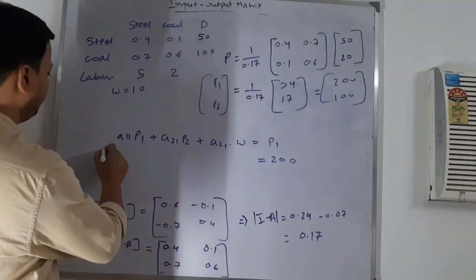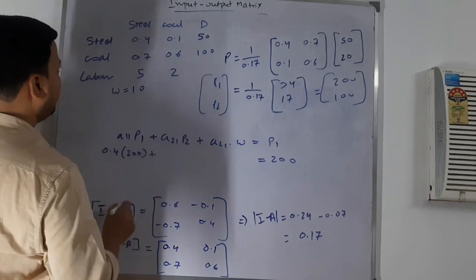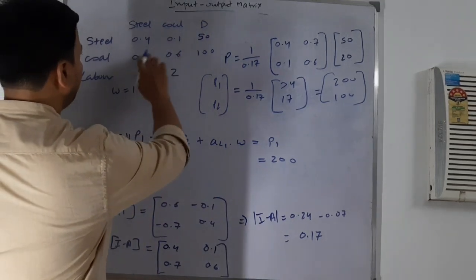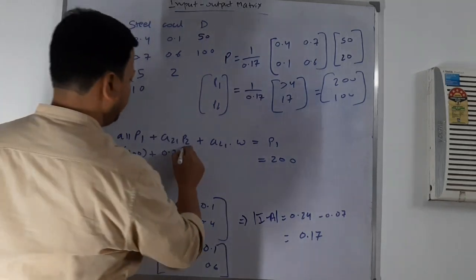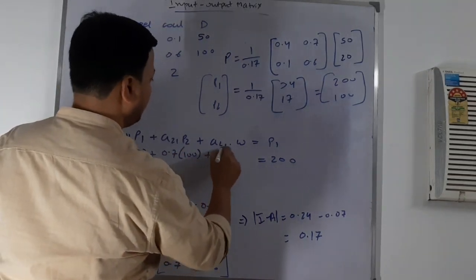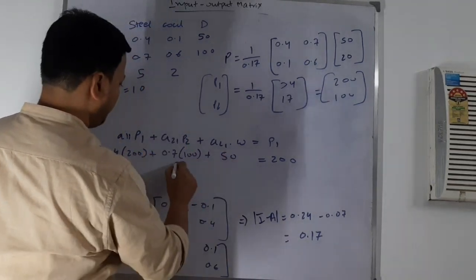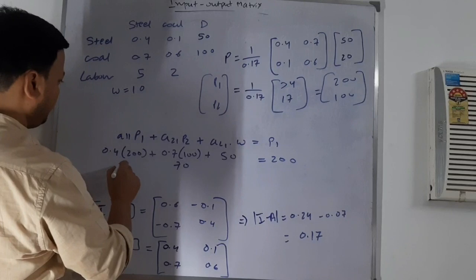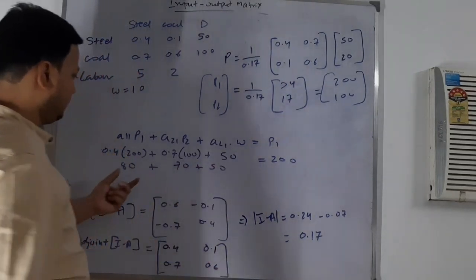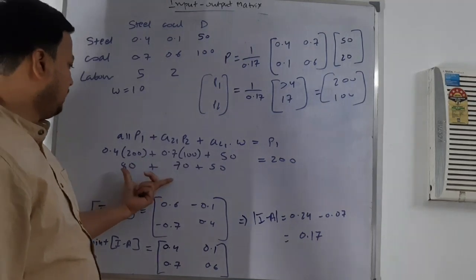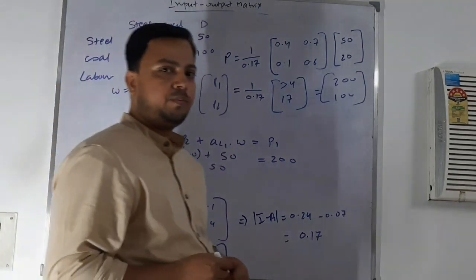It is 0.4. 0.4 into 200 plus A21, A21 is 0.7, P2 is 100, and this we know is 50. This will be 70, and this will be 80. 80 plus 70 plus 50. This will be 150 plus 50, 200. So this will be the equilibrium price.